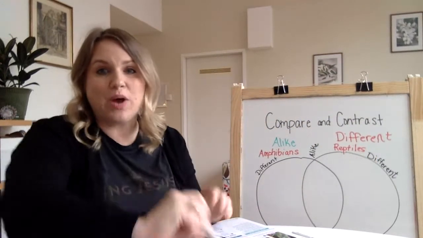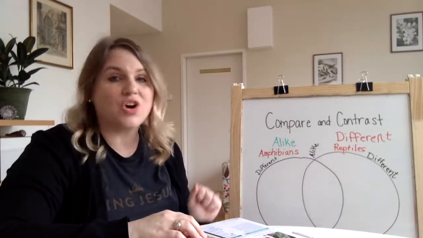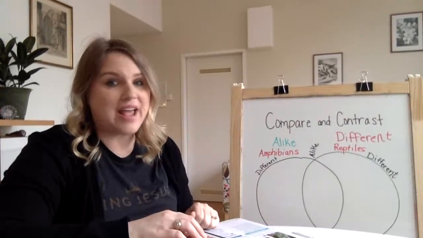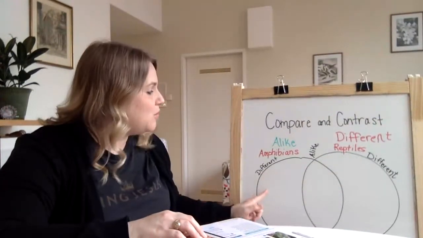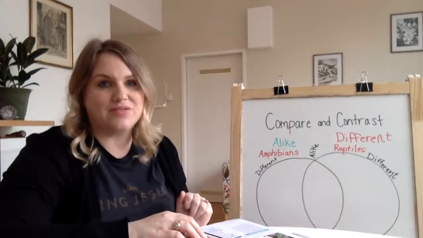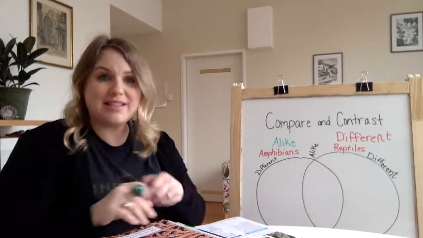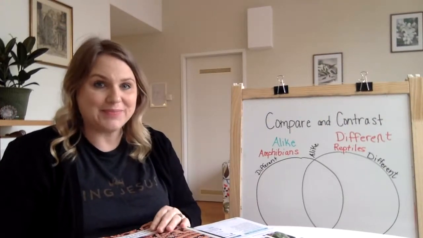So we're going to think back to what we read, and we're going to think about how amphibians and reptiles are alike, and we're going to write it here in the middle. And we're going to think about how amphibians and reptiles are different from each other, and we'll write those on the outside of the circles where they don't overlap. Okay? Can you help me think of ways that amphibians and reptiles are alike?